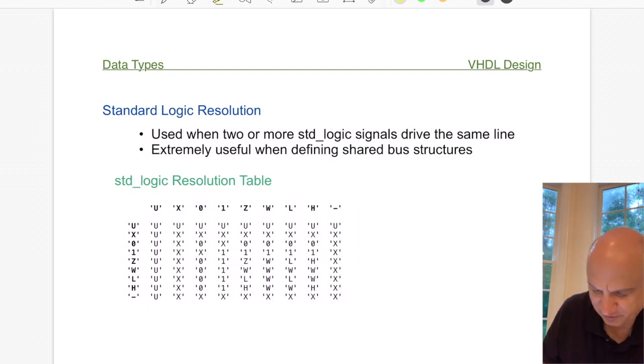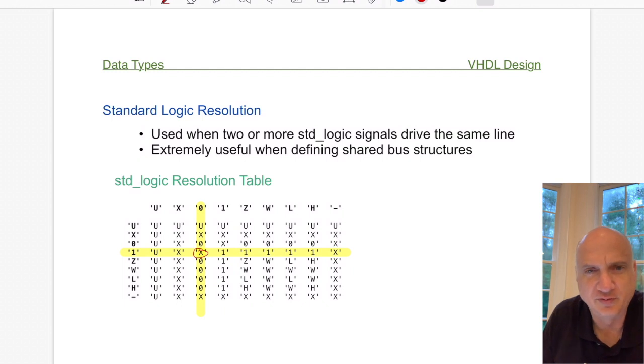As we mentioned before, let's say you have a 0 coming in on one and a 1 coming in on the other. You'll notice right there in the middle is your X. That's your forcing unknown. It basically tells you that you're driving the signal with two different values and it can't possibly know what that is, and it's being forced. So lots of things like that.